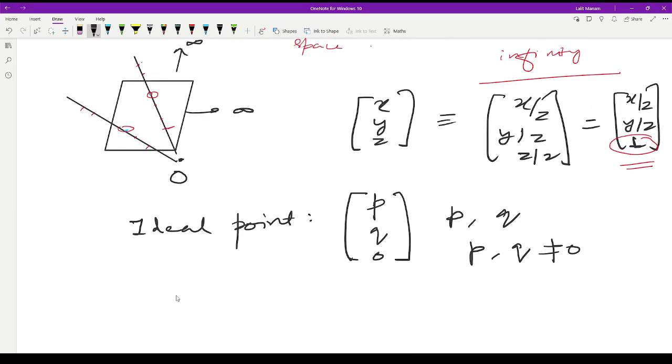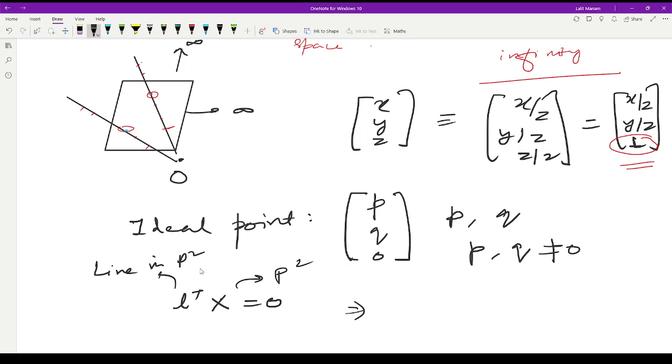Why is it a line? How do we write lines? Some L transpose X equals 0, right? Where X is some point in projective space and L is some line in projective space. Agreed?